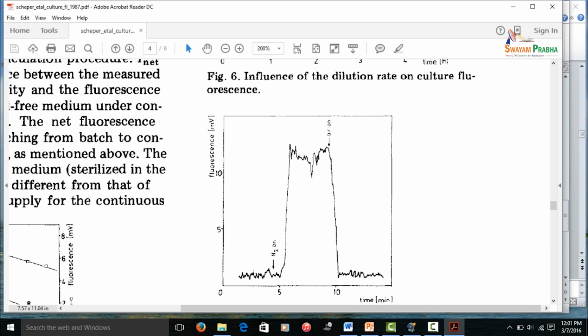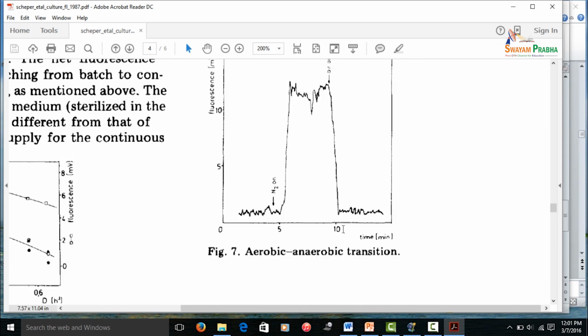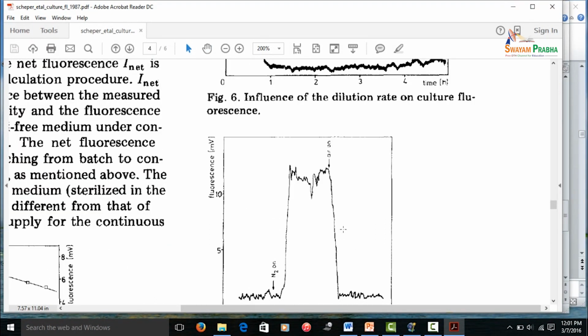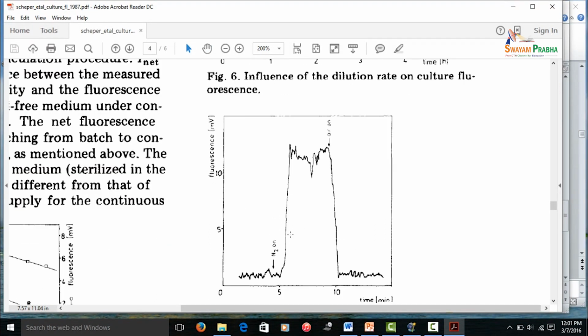The fluorescence was at a certain level when oxygen in air was employed. Figure 7 is what it says, but that doesn't matter. You have culture fluorescence at a certain level.